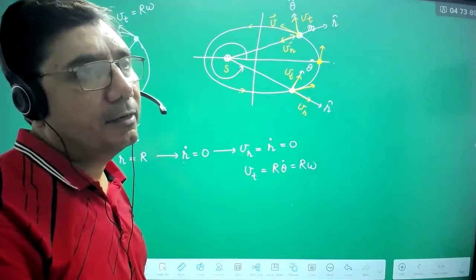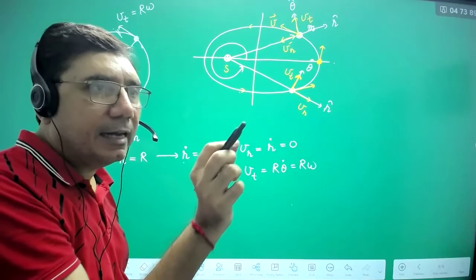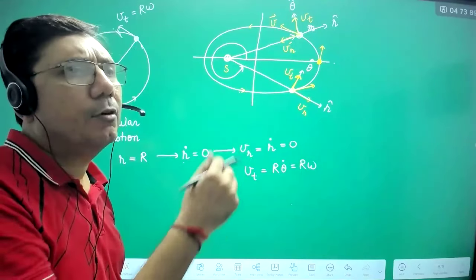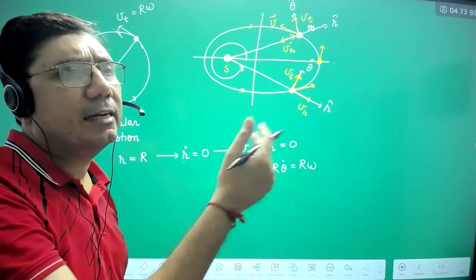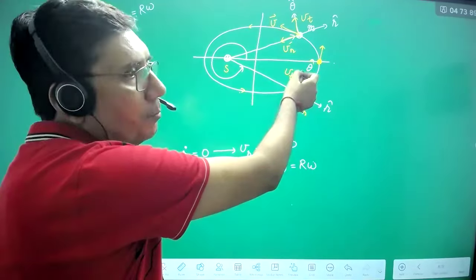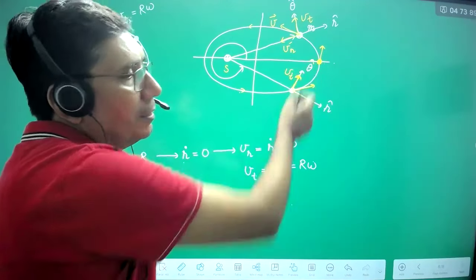Actually, when you are studying circular motion, this VT is always at the tangential position, so you call it tangential velocity. Here you can call it the transverse component of the velocity, but remember this is in the theta cap direction. If you want another name because it is not looking like tangential, this will be the transverse component in theta cap direction.